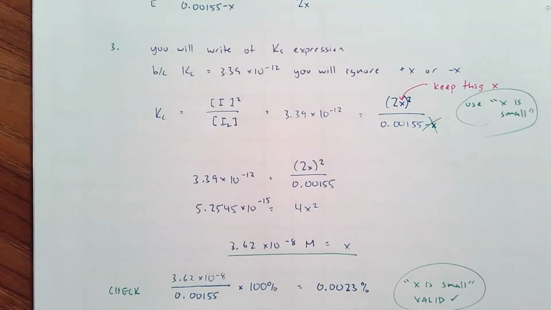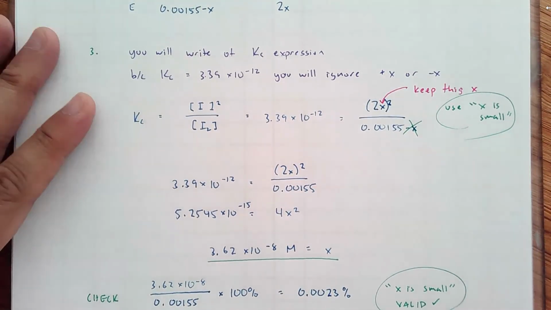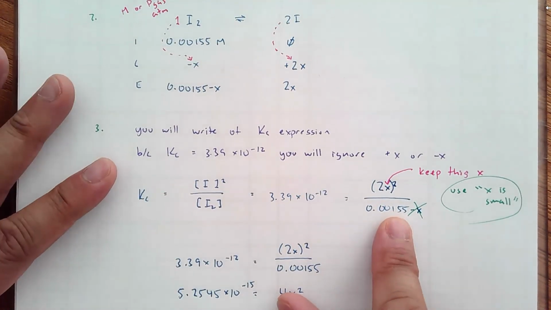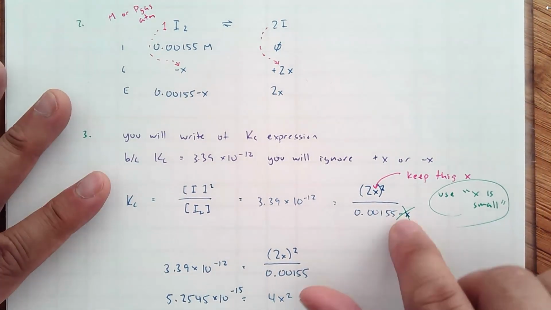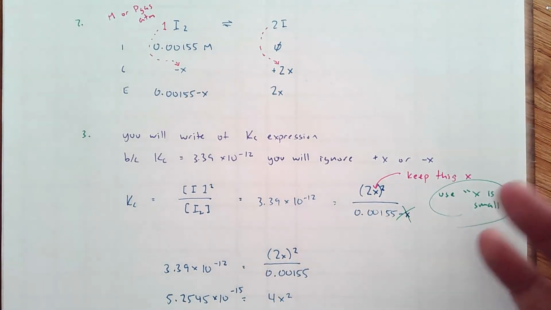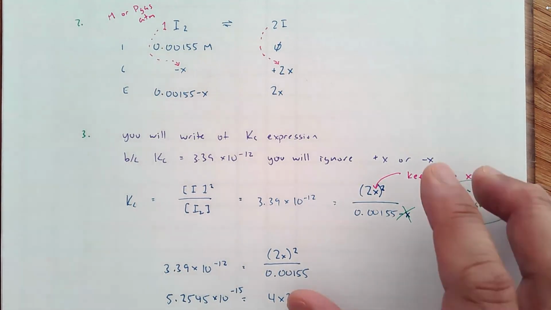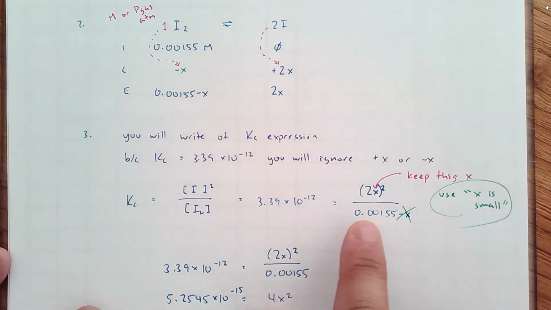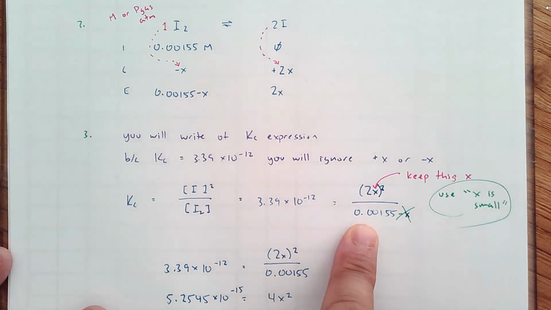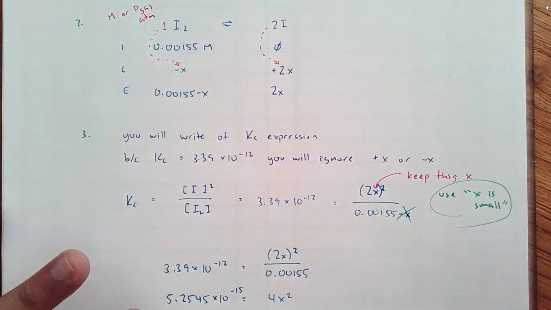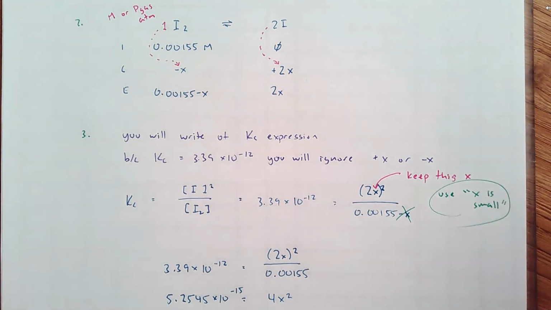That is definitely less than 5% of the original concentration. Okay. Practice, practice, practice. Again, you should never be at a point where you eliminate every X. You got to solve for an X somehow. In most cases, it is going to work out very similar to what we did here. The last warning that I'll give, and then I'll get off this video, is that you don't use this X is small for everything.